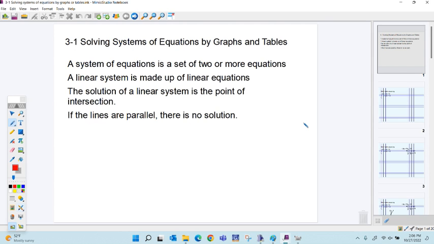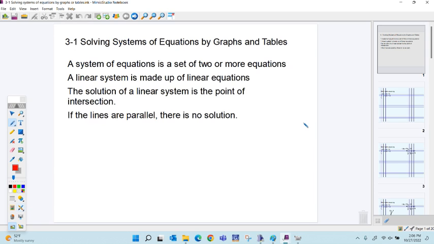So a system of equations, for our easiest purposes, is two equations in two variables, and you have to find the ordered pair or ordered pairs that makes both of them true. Okay, it satisfies both conditions.